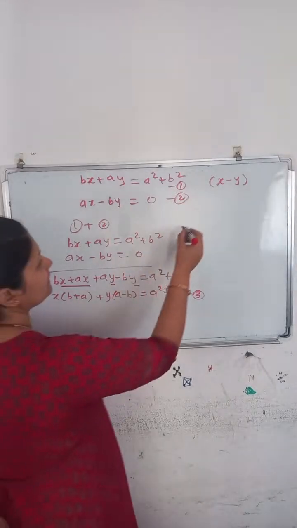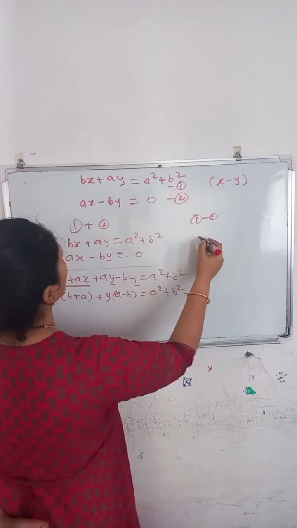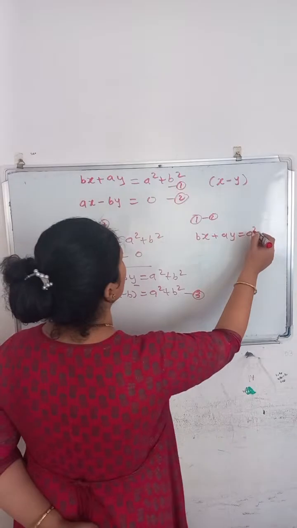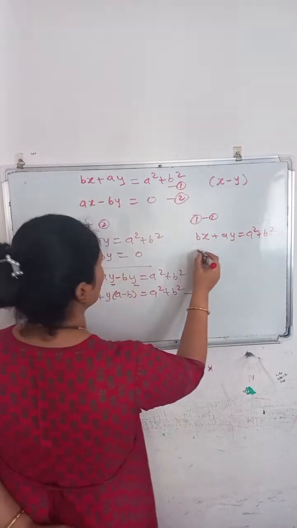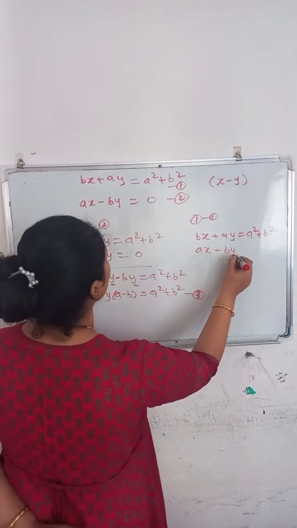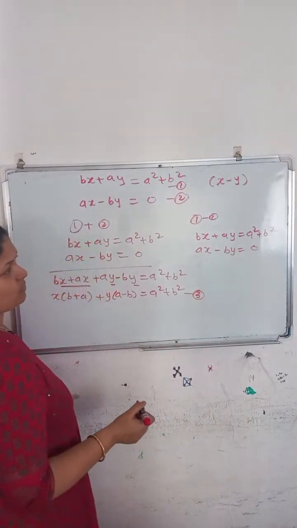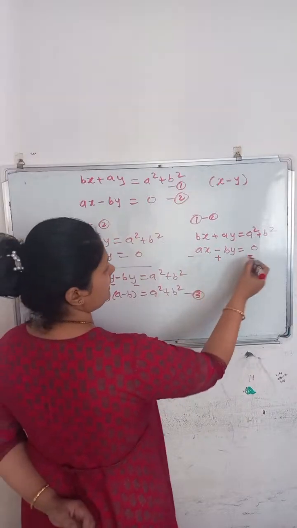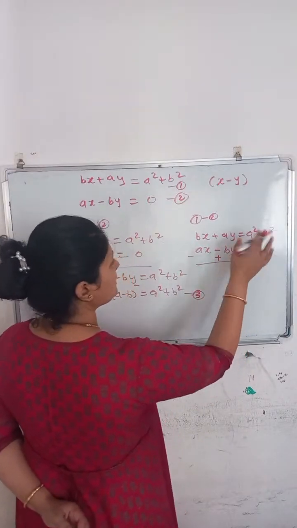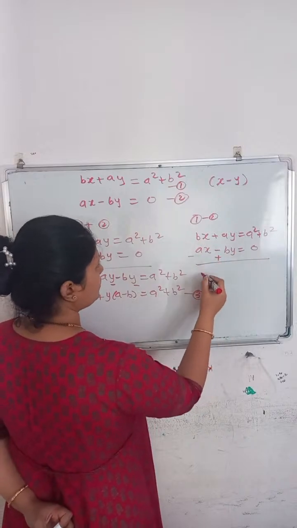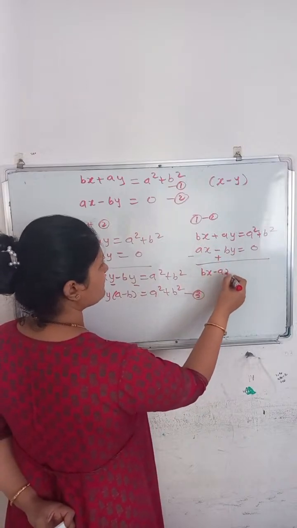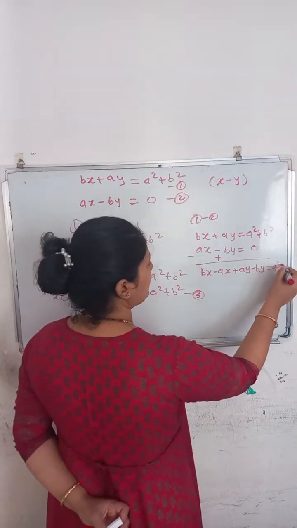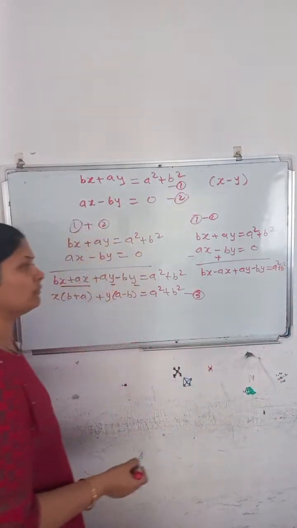Now, can we subtract equation 1 minus 2? Here bx plus ay is equal to a square plus b square, and ax minus by is equal to 0. With subtraction, we write bx minus ax plus ay minus by is equal to a square plus b square minus 0.